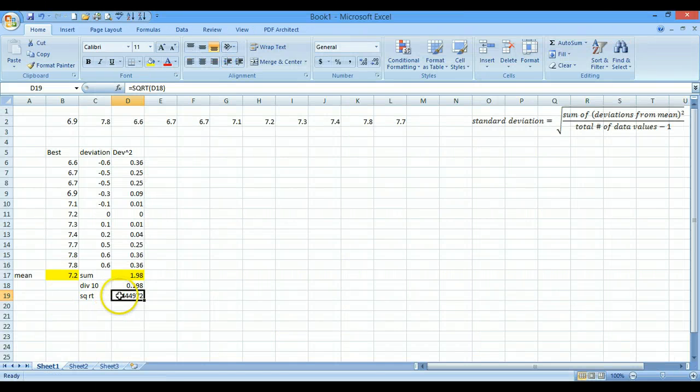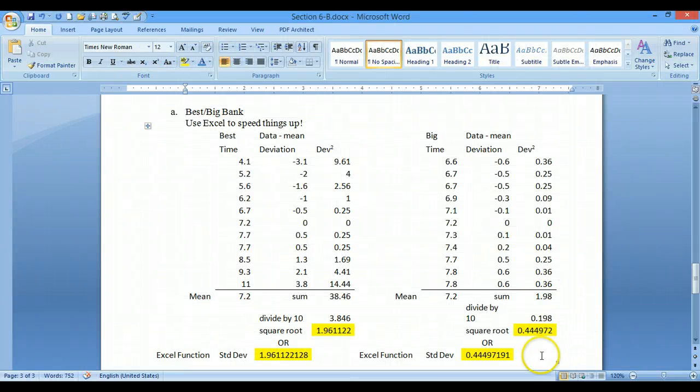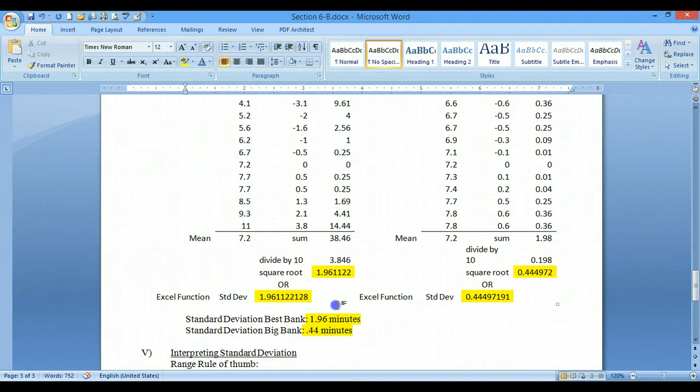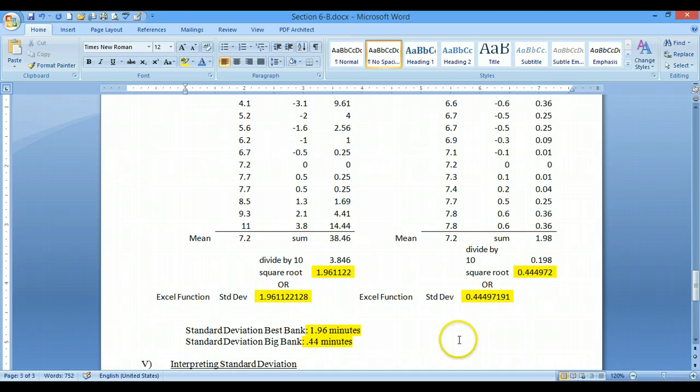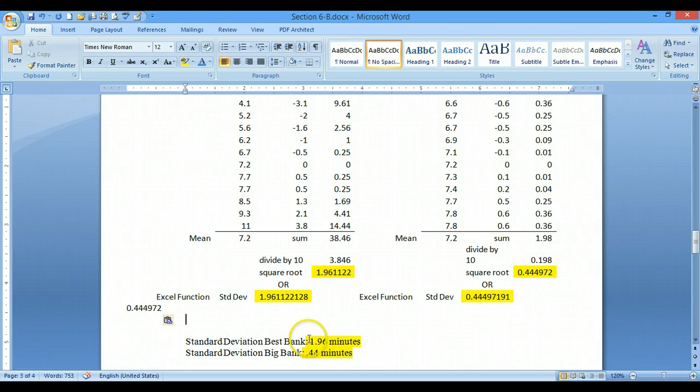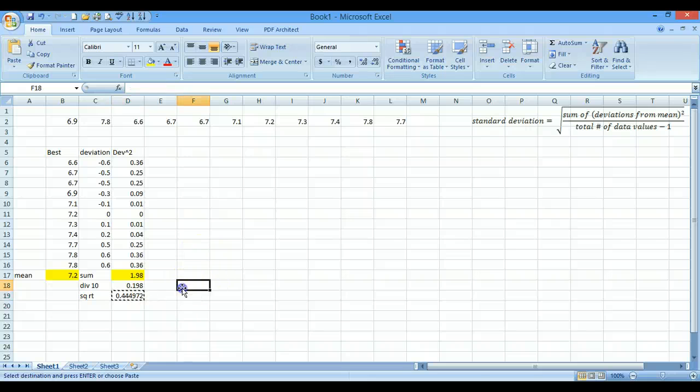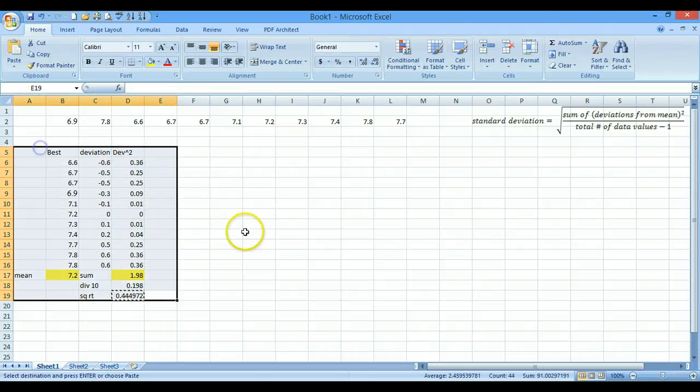If I wanted to, I can copy and paste it into an Excel or a Microsoft Word document. So there's my standard deviation, and you can do that on your homework supplement as well. And you can copy all that and put in your work.